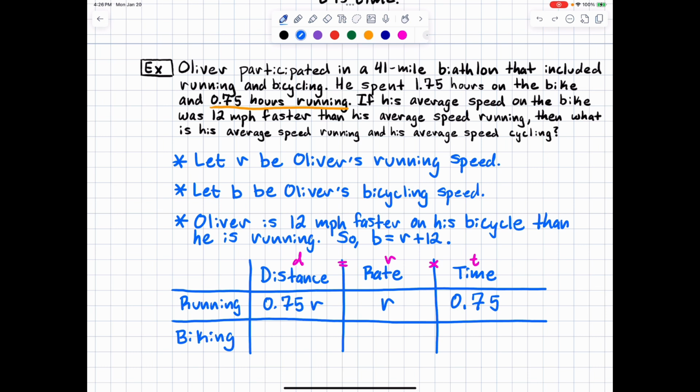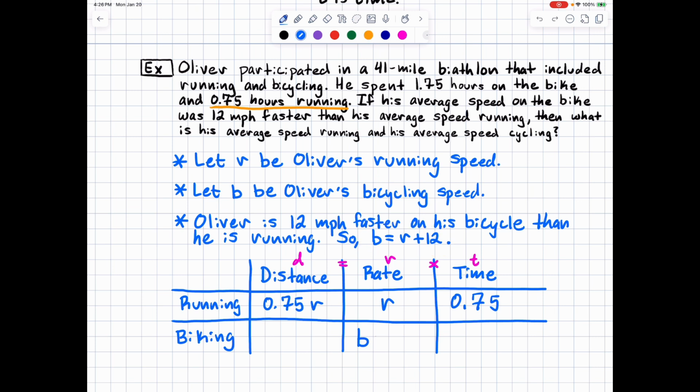All right. Now for biking, you might be tempted to put a b here, but we don't really want to put the b here, because as we said earlier, b equals r plus 12.